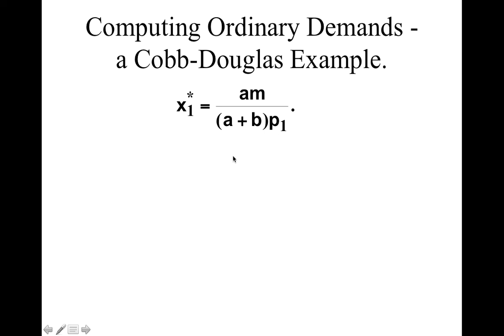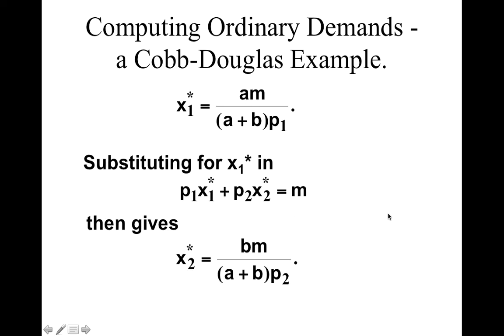So all that you're basically saying is that if your preferences can be represented by Cobb-Douglas, then the optimal amount of x1 that you will buy depends upon the total income that you have, how much of x1 you can buy if you spend all of your income on p1, multiplied by the expenditure share. That gives you the optimal amount of x1 star. Once you substitute for x2 star, that is what you get.